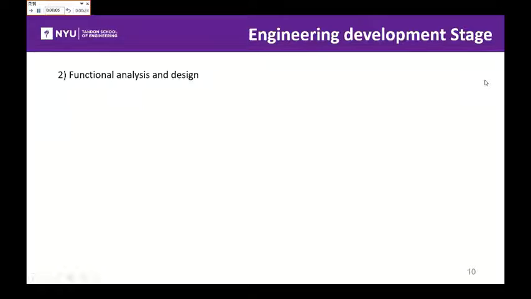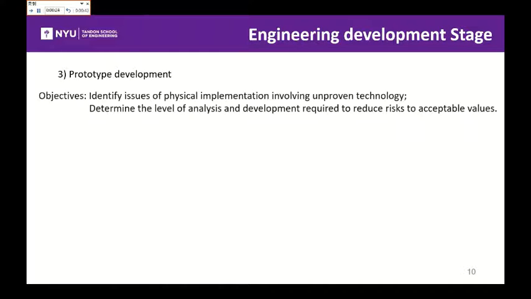The second method for advanced development is functional analysis and design, but here we will not introduce it in detail. So let's directly look at the third method, prototype development. The objectives of prototype development are first to identify issues of physical implementation involving unproven technology.